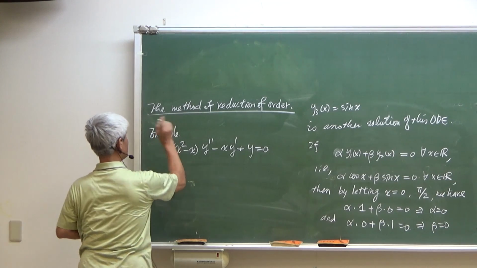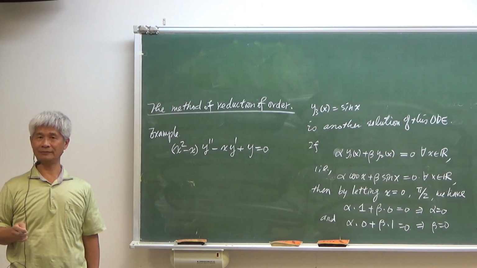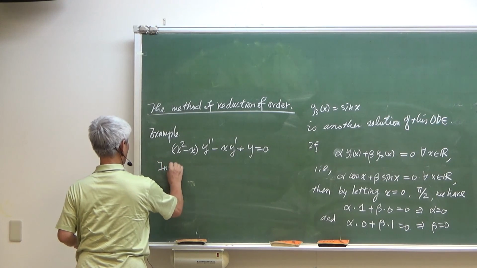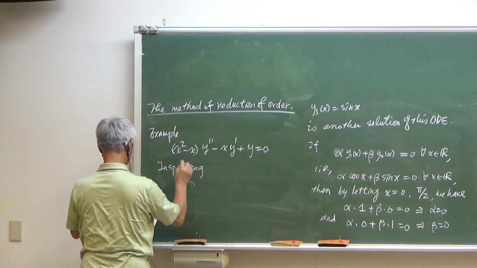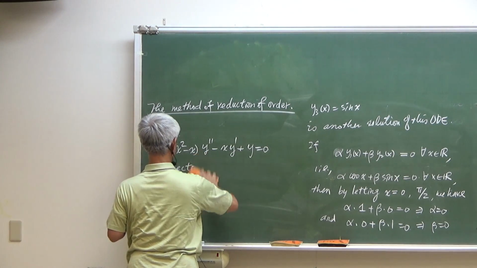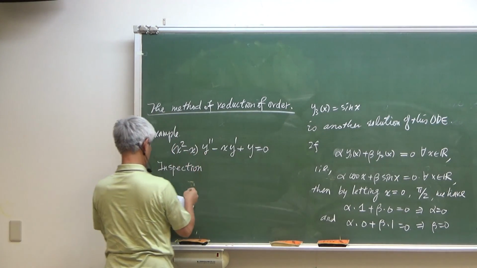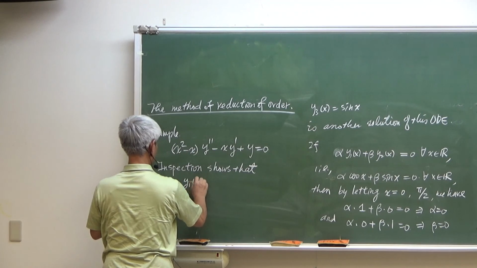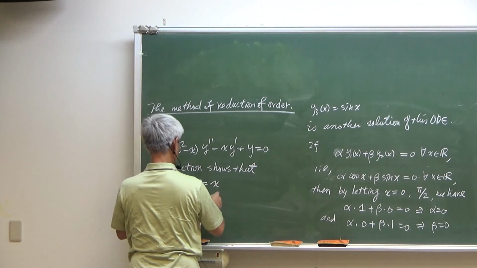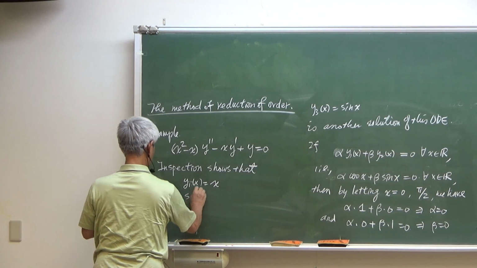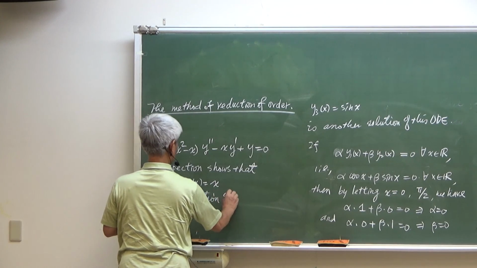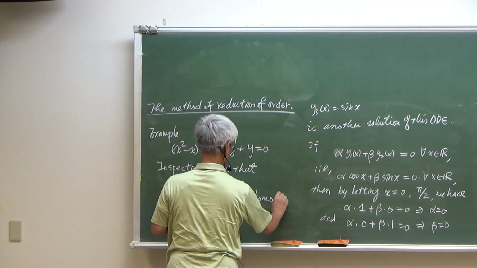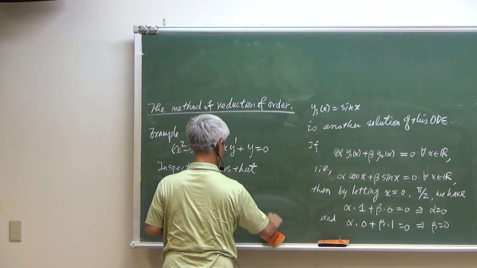Now, this method of reduction of order needs us to know one solution. By inspection, y1(x) equal to x is a solution of this ODE.